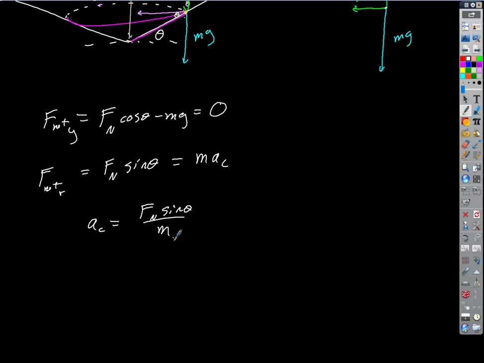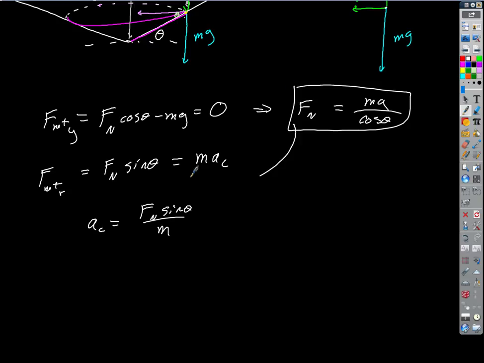If we solve for normal force up here, I add the mg to the other side and divide by cosine theta. So there's normal force.